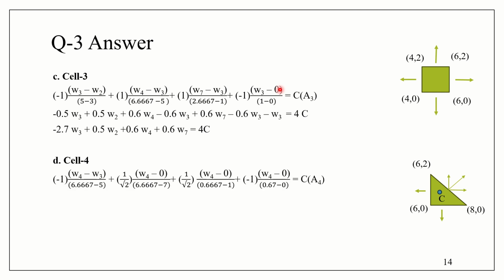Cell 4 is a little complicated because we have a triangle. In this particular direction and this particular direction we can resolve it, because it is minus 1 into W4 minus W3 and the centroid is 6.667 minus 5, and in this down direction it is minus 1 into W4 minus 0, centroid 0.67 minus 0. But for this particular side, how are we going to resolve it? Since its outward normal is in this direction, we need to resolve it into x and y components.